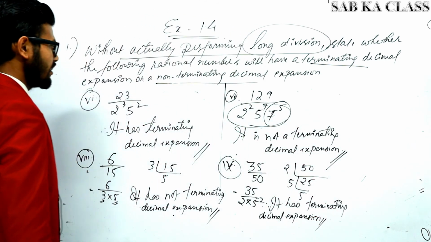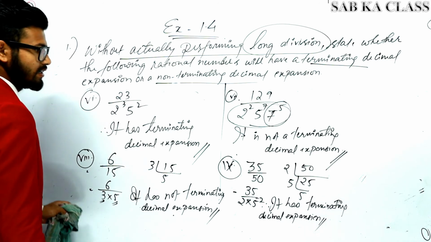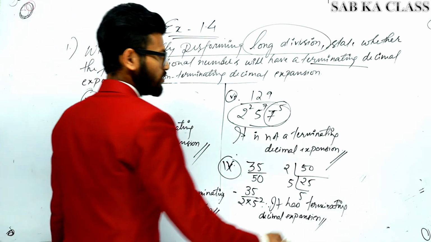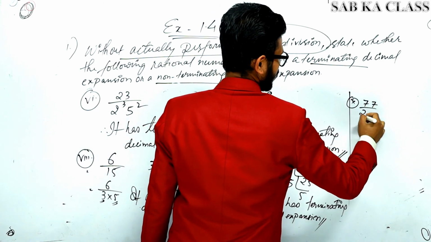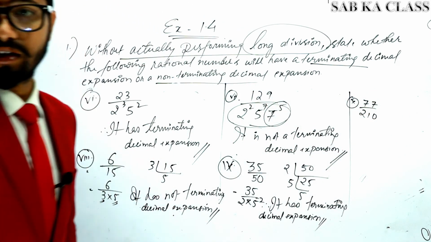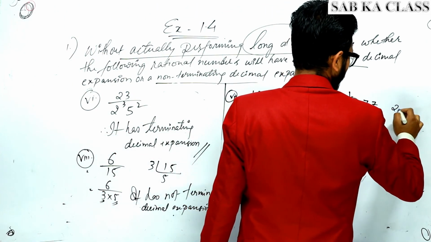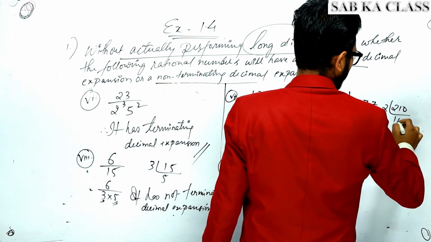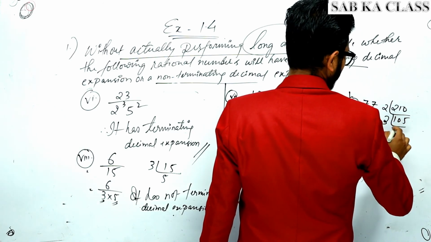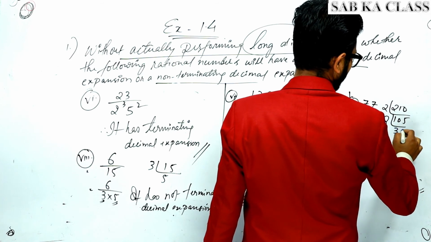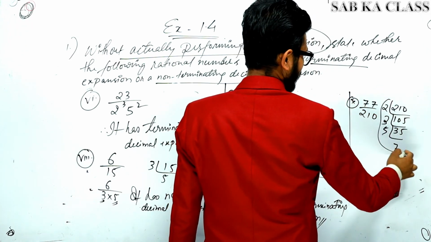I hope it's clear. The last part is left, that is 77 by 210. So let us factorize 210. It is divisible by 3, and so on.